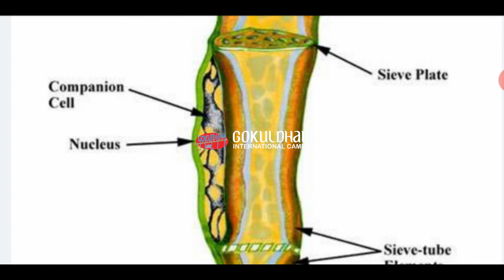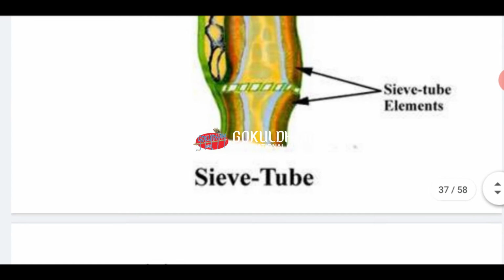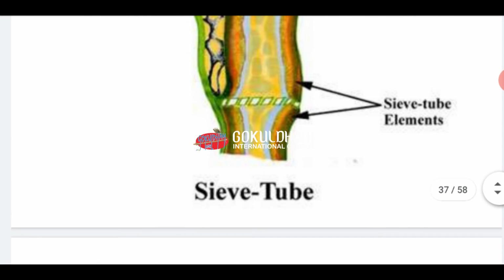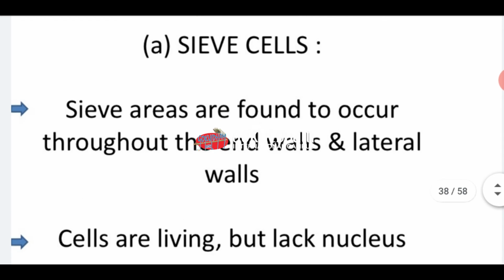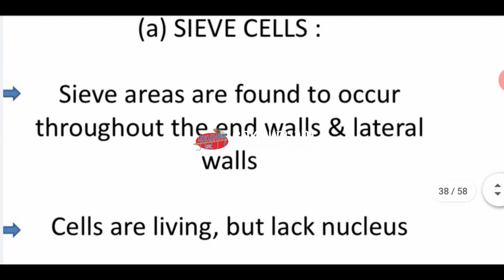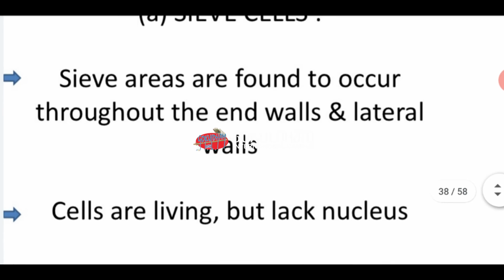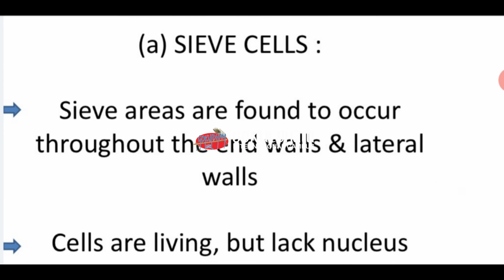And at the end there is a sieve plate present, and this is the figure of the sieve tube, and each cell in the sieve tube is known as a sieve tube element. Now sieve cells: sieve areas are formed throughout the end wall and lateral wall. Cells are living but lack a nucleus, means sieve cell में न्यूक्लियस लिविंग होते हैं बट उसमें न्यूक्लियस नहीं होता.